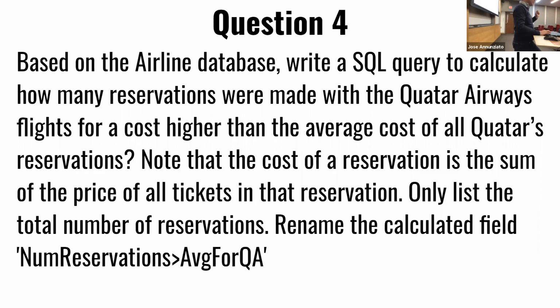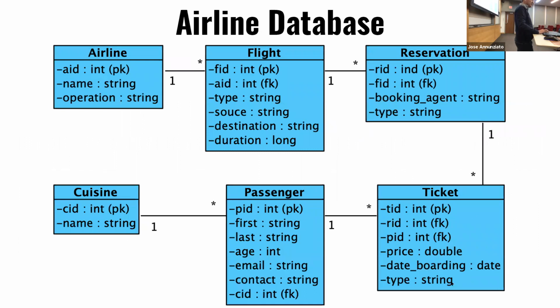Where the cost of a reservation is defined as the sum of all prices of all the tickets for that reservation. So you need to identify the reservations and all the tickets in that reservation. A reservation can have multiple tickets.